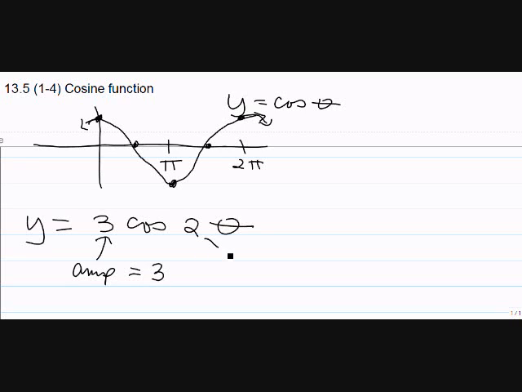And that 2 we call by the letter B, and it tells us how many cycles we get between 0 and 2 pi, but it also helps us figure out the period, because the period is 2 pi over B. And so if B is 2, 2 pi over 2 is pi.